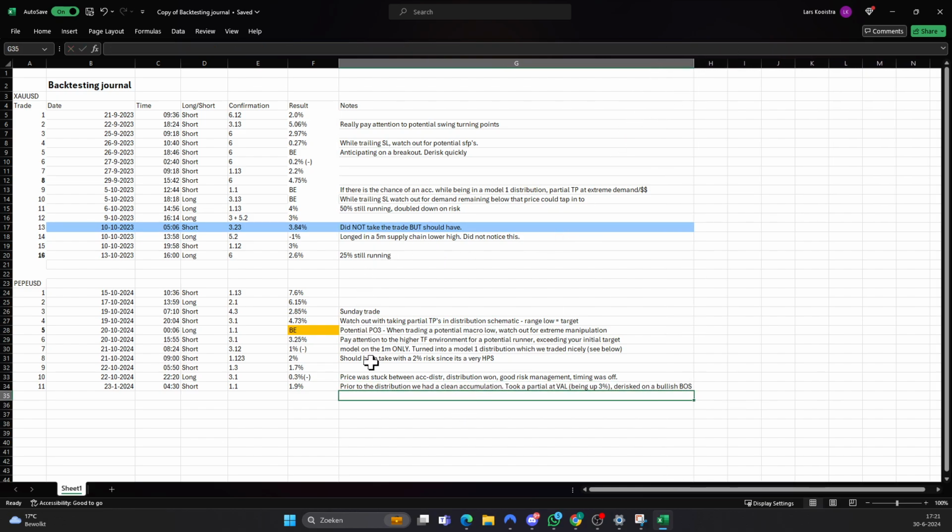So what I wrote down was prior to the distribution, we had a clean accumulation.